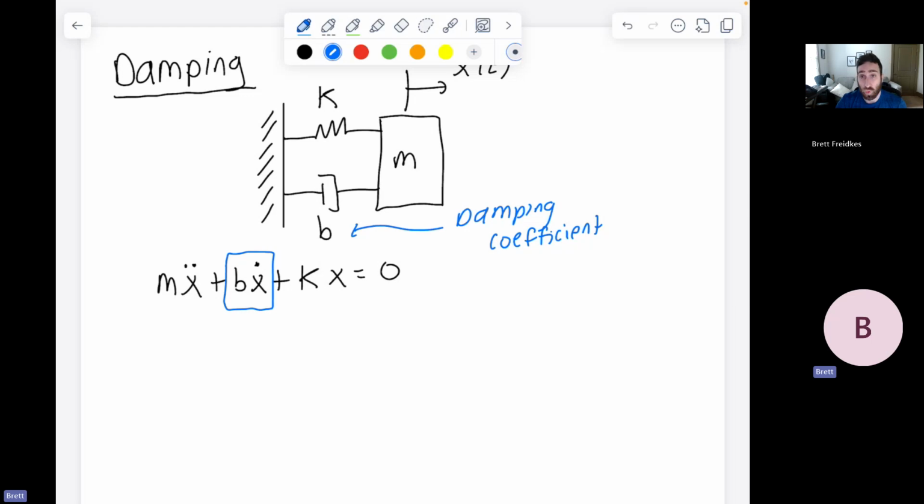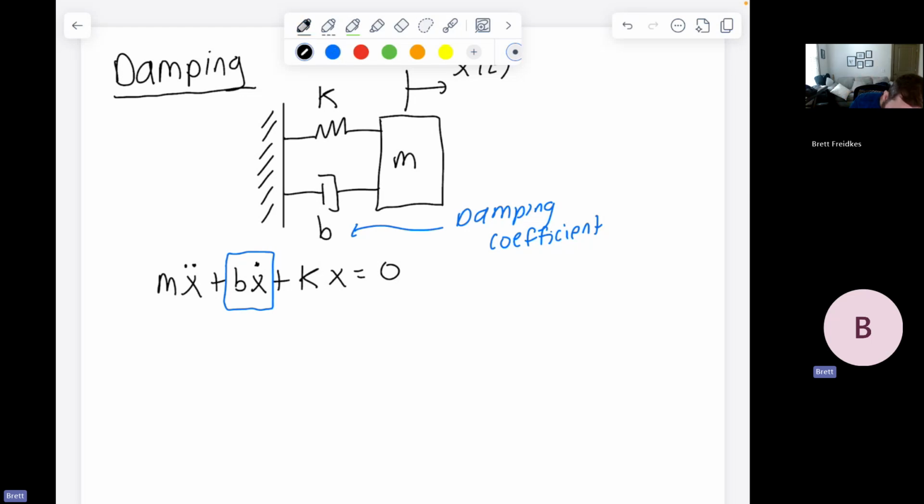So if the system weren't moving, I just pulled on it and I held it there, we're holding that system in that static position. We have provided potential energy to it. The damper is unable to access that energy in that situation because of the fact I'm just holding it. But now, as soon as I let go and the mass starts to oscillate back and forth, now the damper is starting to dissipate energy.